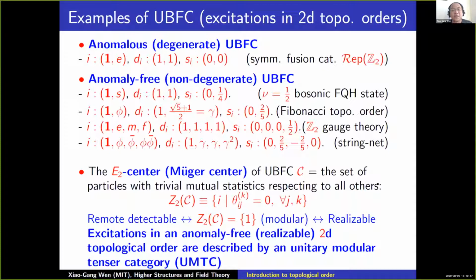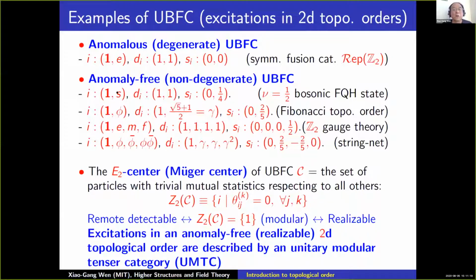If the only anyon with trivial mutual statistics with everything else is the trivial particle, then we say it is non-degenerate, or modular, or realizable, or anomaly free. So a trivial Z2 center is the anomaly-free or realizable condition.